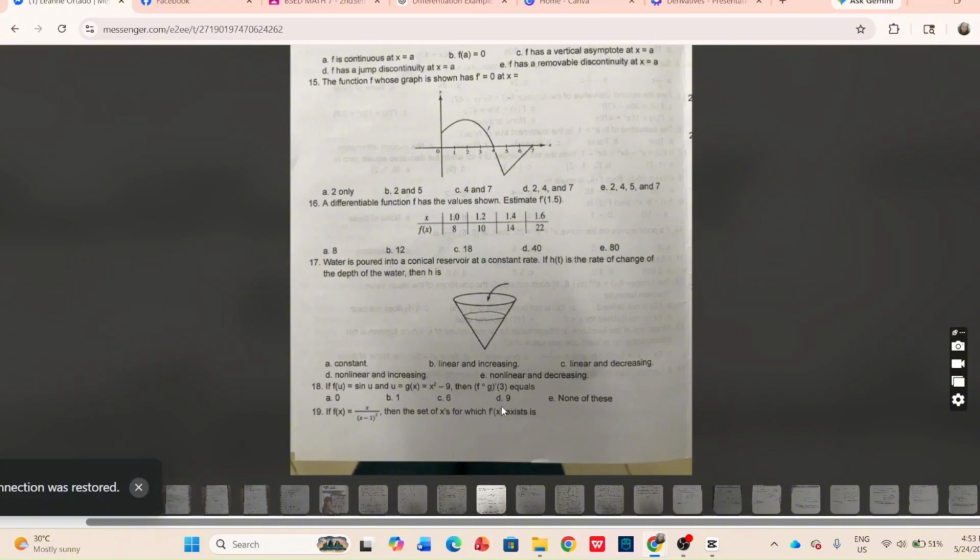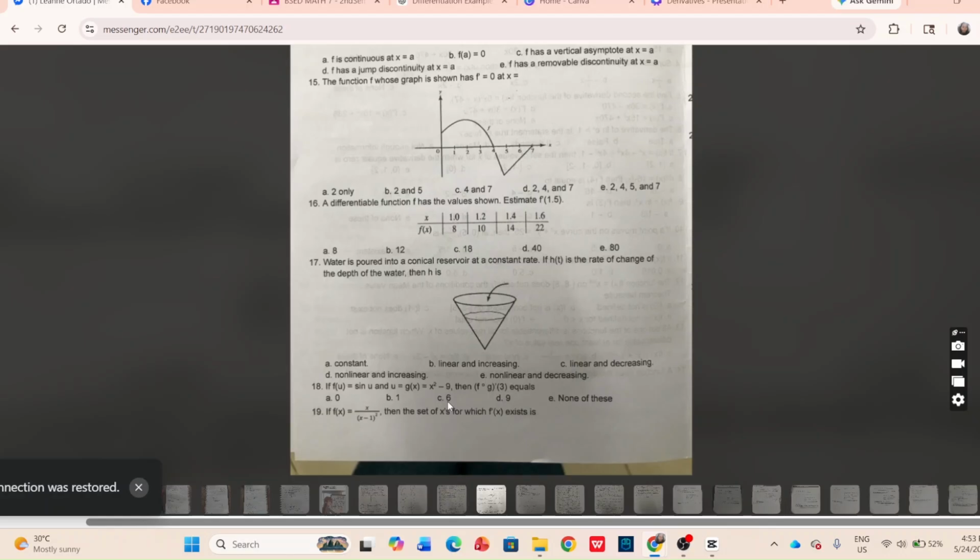And that would be equal to cos of x squared minus 9 times 2x, which gives us 6, which is letter C. Because at x equals 3, substituting 3 in it, 6 cos 0, that is 6. So number 18 is letter C, which is 6.